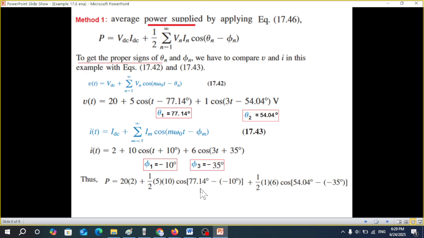Now theta n is how much? From here you can see 77.14 minus of this, minus. So this way you can write the first one, and similarly for the second one, and solving you can find this answer to be 41.297 watt. In the book, the answer is 41.5, which is wrong. This is the correct answer.